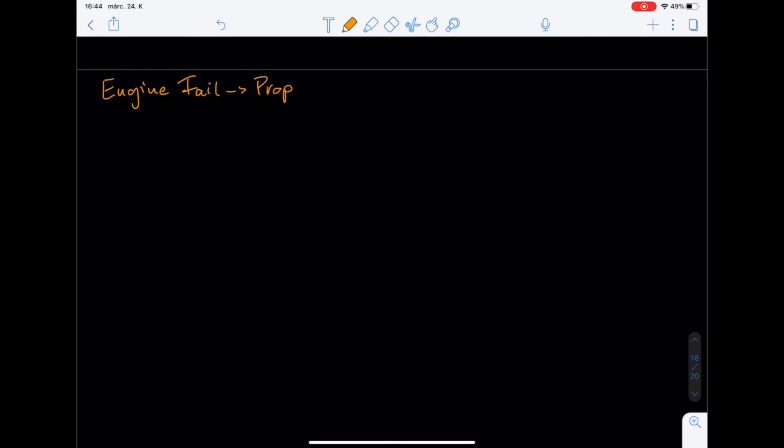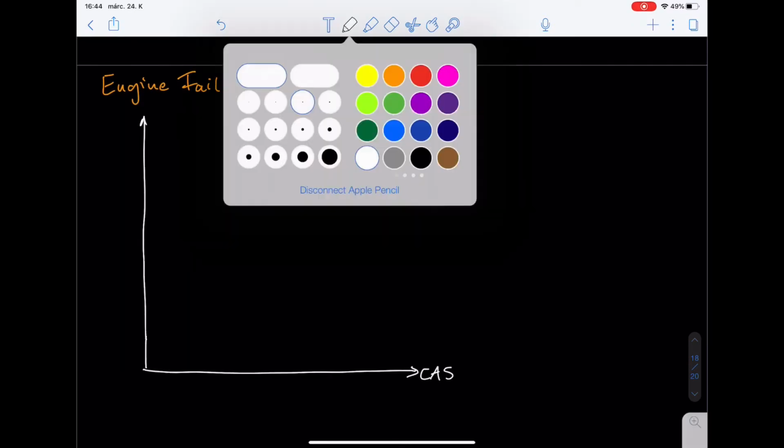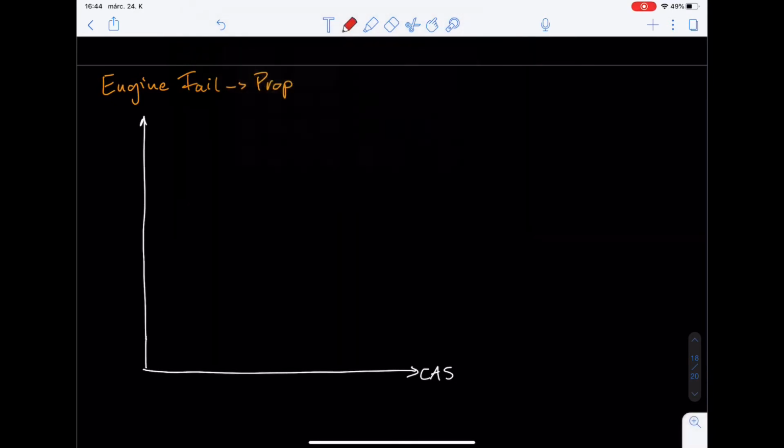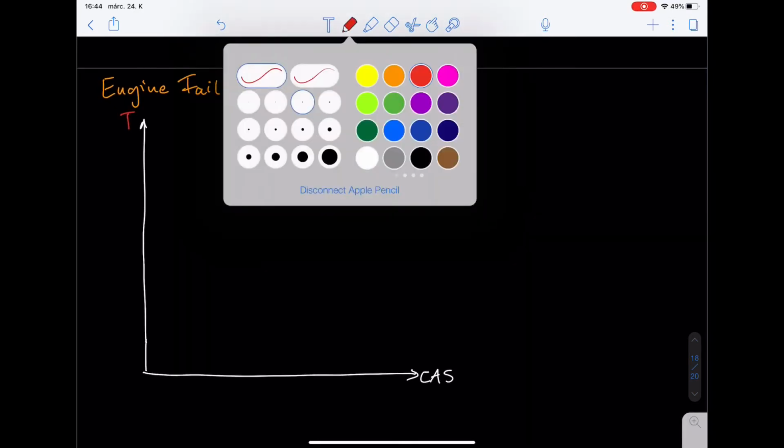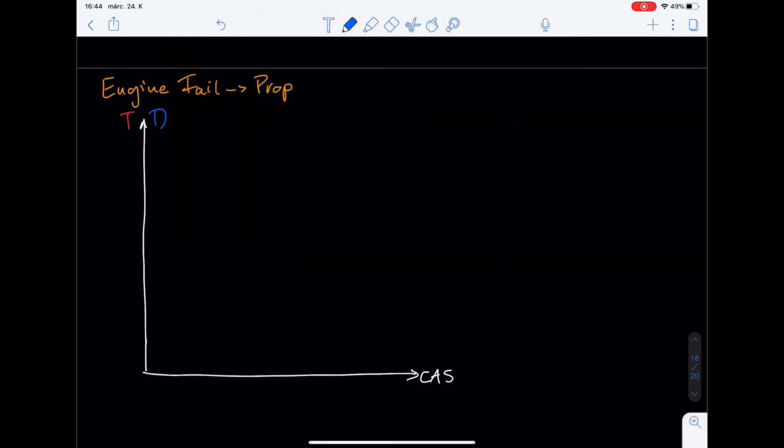So let's plot the thrust and the drag on the same coordinate axis, just like we did before, as a function of the calibrated airspeed, of course. We're going to assume a twin engine prop aeroplane for our examination.